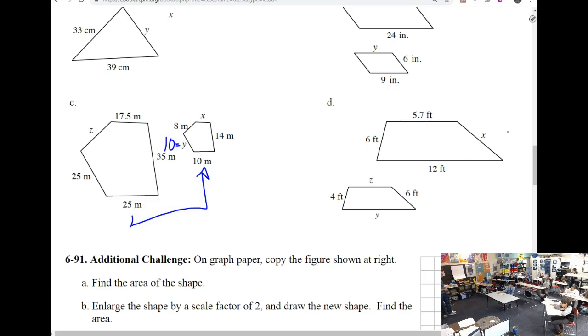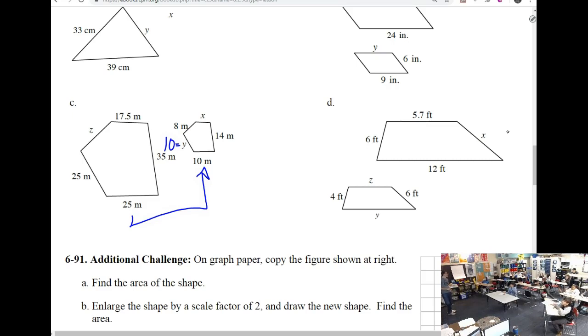Braylon. She did Y. We need X or Z. Okay. I don't know.